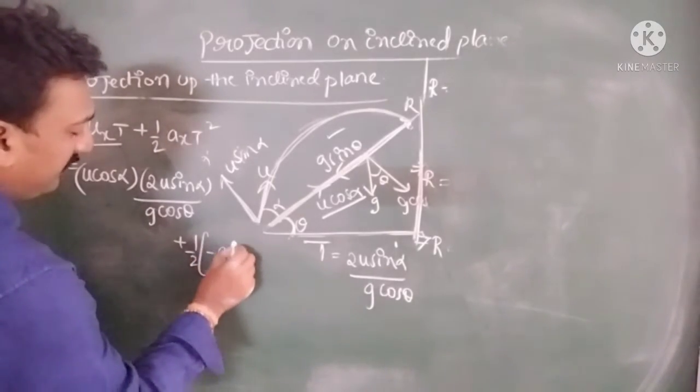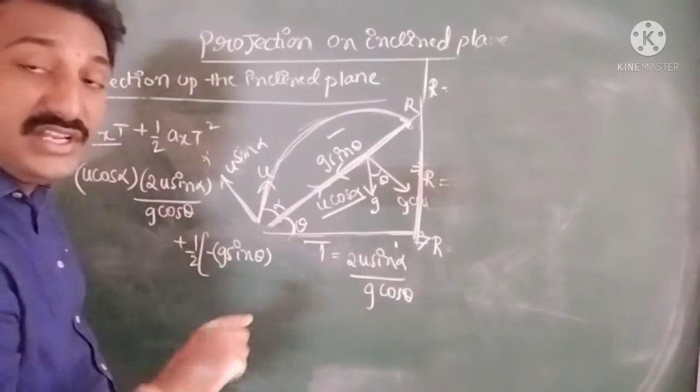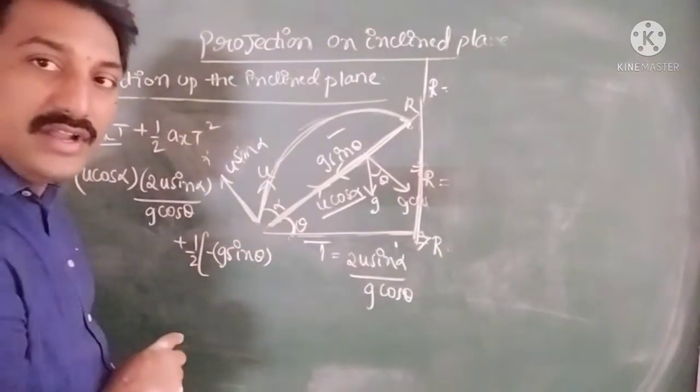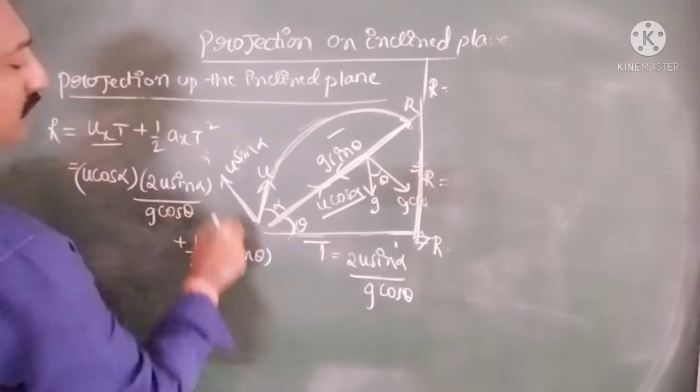So minus g sin theta. What does the minus stand for? The acceleration is retarding the velocity here, which is the main reason I have taken it as minus. So minus g sin theta into t square.